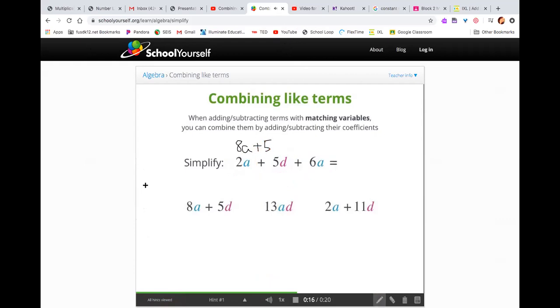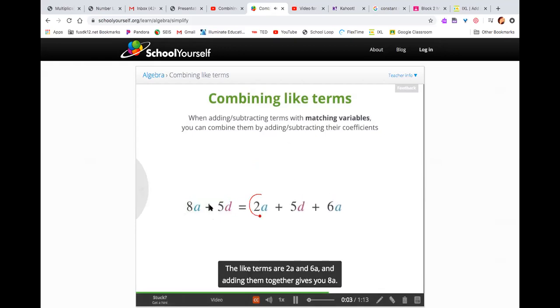That gives us plus 5D. Okay, so what answer do we think it is now? Because no, we cannot. Yeah, you guys are saying no, we can't do that. So this says 8A plus 5D. Does one of these answers say the same? This one right here? Yeah. Okay. Yes. Nicely done.